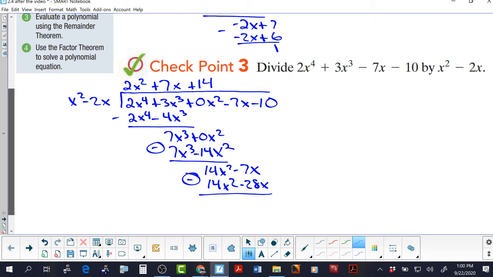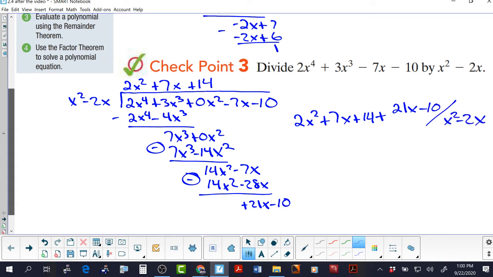So 7 minus negative 28 is actually positive 21x minus 10. Well, x squared does not go into x, so we're done, except for writing the answer. 2x squared plus 7x plus 14 plus 21x minus 10 over x squared minus 2x.